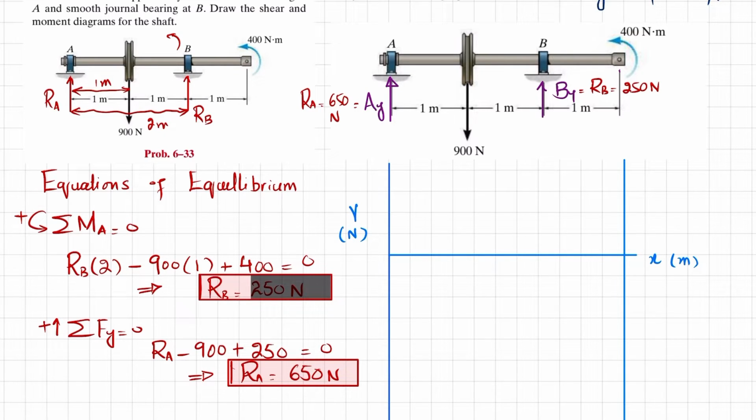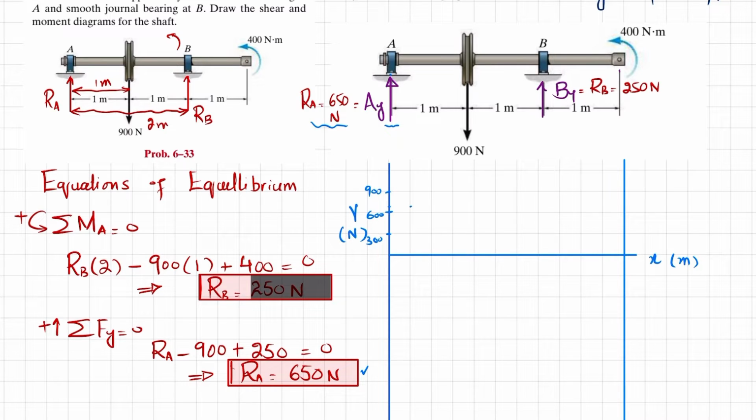At point A you can see we have AY, which is equal to 650, that is given. Let each division be 300, so it will be 600, and then 900. So 650 will be somewhere here.